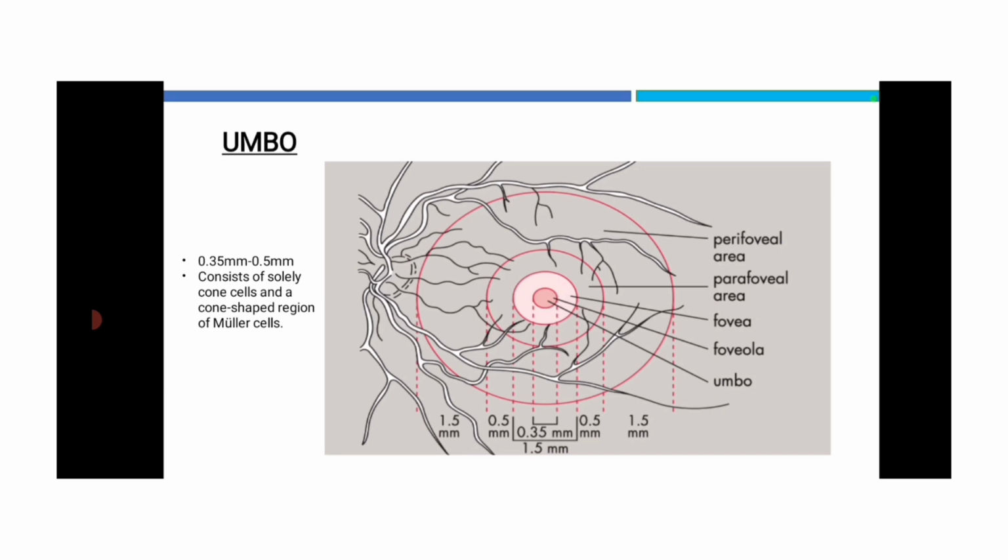It consists of mainly cone cells and cone-shaped region of the Müller cells. On the edge of the foveal pit, the foveal slope is still mainly devoid of other layers, but there is some evidence of presence of some cell bodies of retinal interneurons, bipolar and horizontal cells, and even some amacrine cell processes.